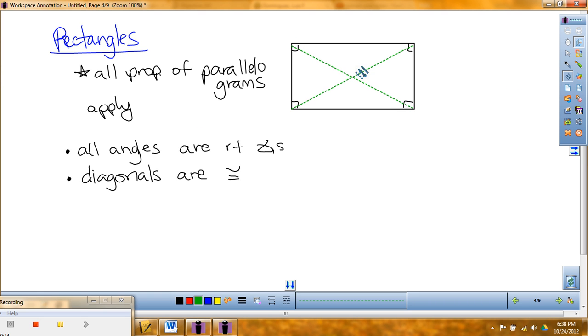Because the properties of a parallelogram apply, the diagonals are still bisecting each other, but they happen to be congruent, so now all of our bisected pieces are going to be congruent to each other.